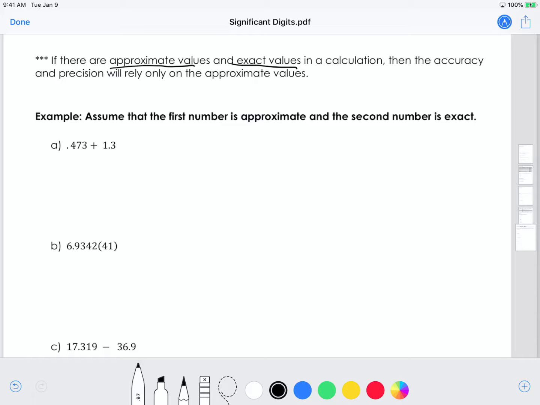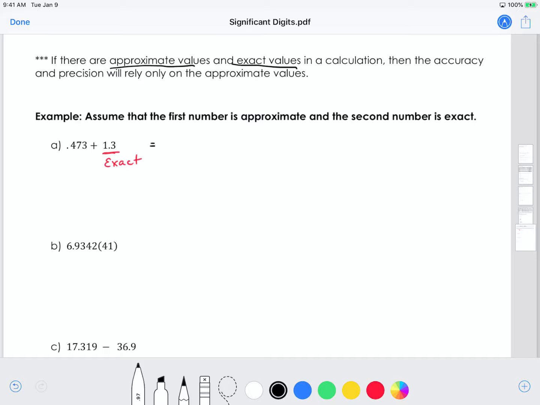The directions are telling us that in all these examples, the second number is considered an exact number. So if I look at example A, 1.3 is going to be an exact number. So we're not going to worry about checking the accuracy and the precision for that number. We're only going to use the accuracy and precision rules with the 0.473 number.